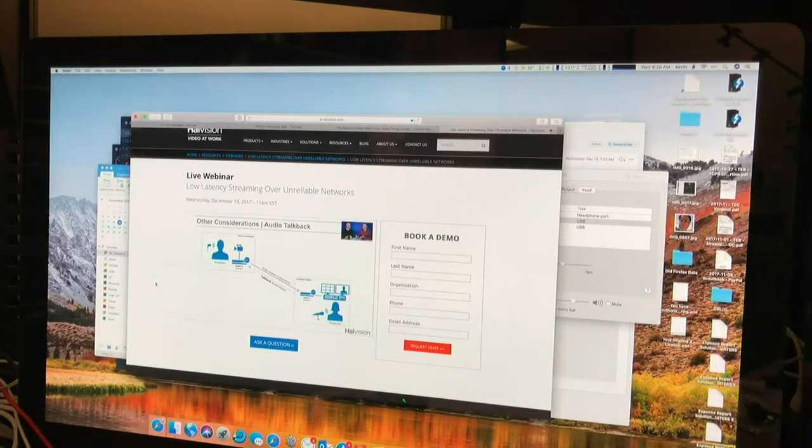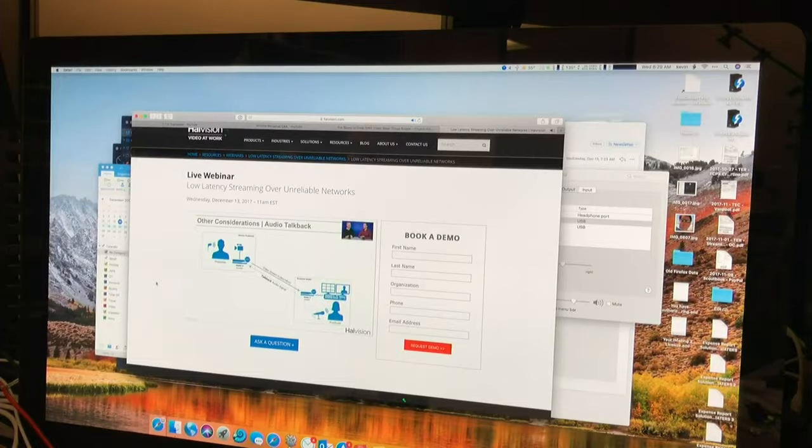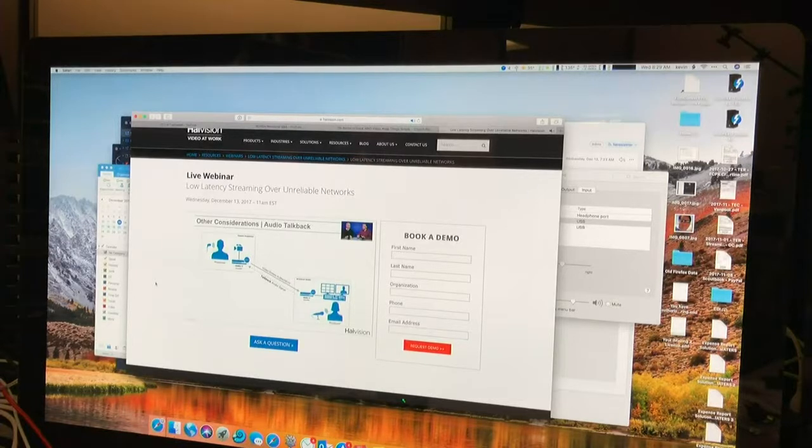To do that, we provide this talkback facility, where an audio track can be sent back from the decoder to the encoder and presented to either the cameraman or the talent in the field, so that they can take direction from the director and do what the director wants them to do, whether it's change the view to look at the site of a news event, or start the interview with another person, or whatever may be required. And that audio talkback facility allows that two-way interactive application to be executed in an easier fashion with less equipment.